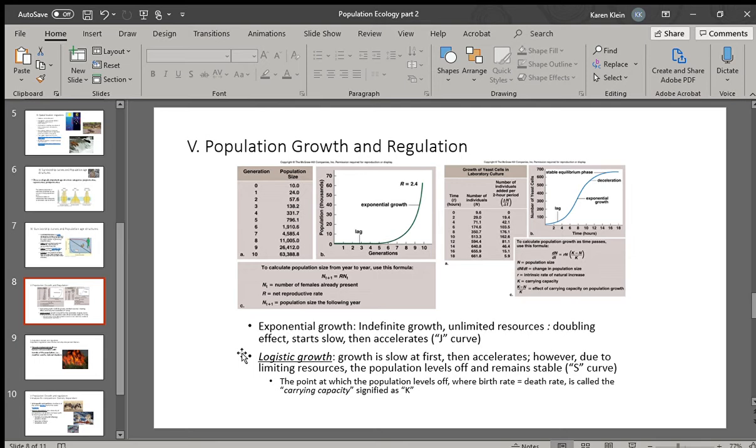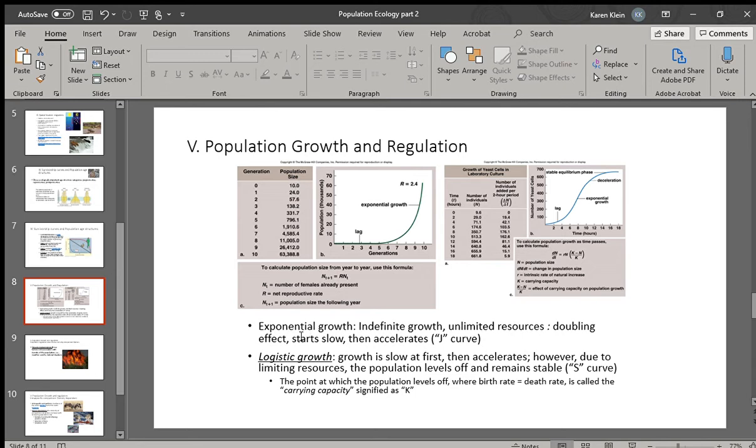Now, as a population ecologist, you would be interested in knowing how your population grows and what the factors are that regulate the growth of the individuals of your population. In general, there are two types of population growth.